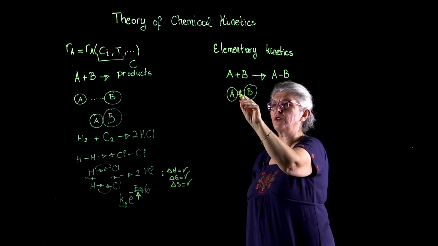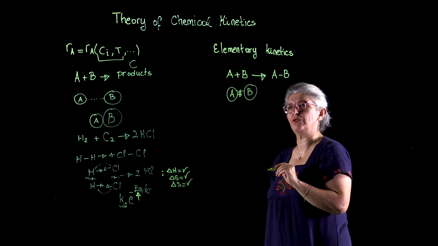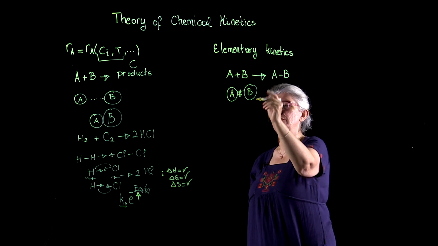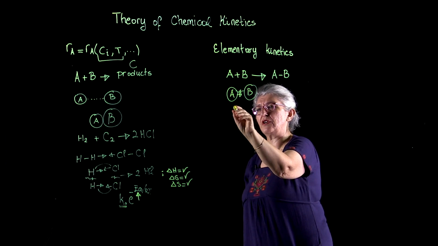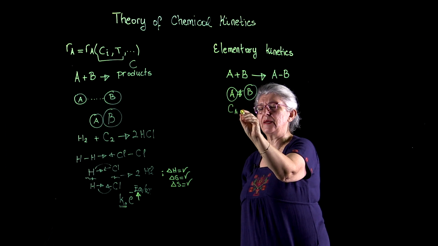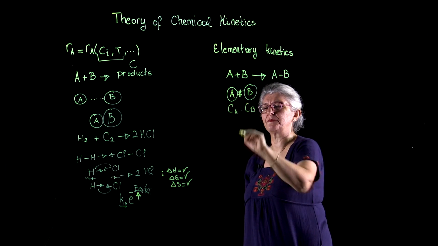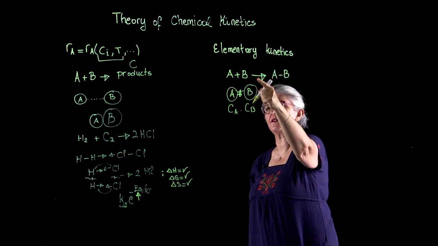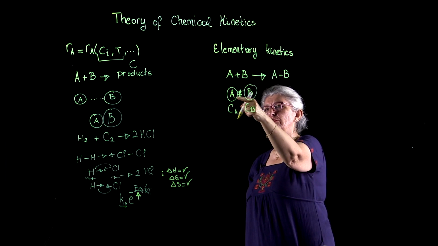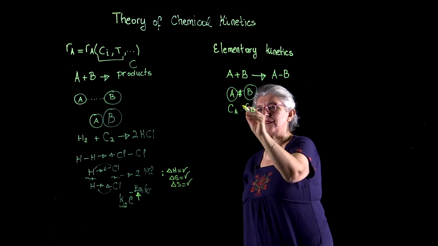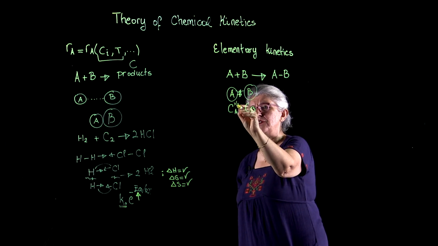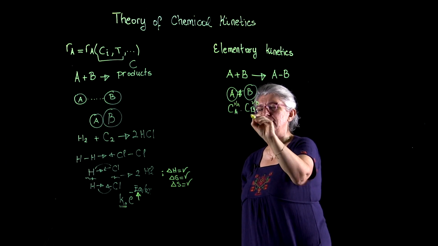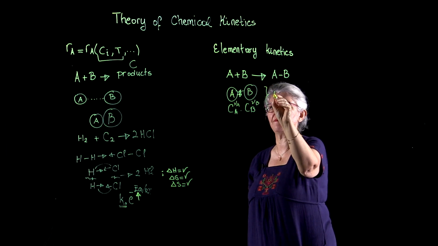The frequency of the collision of the A molecule and B molecule is going to be proportional to the concentration of A and concentration of B. If we can write the frequency of the collision through their concentrations raised to the power of their stoichiometric coefficients, then we call this reaction elementary.